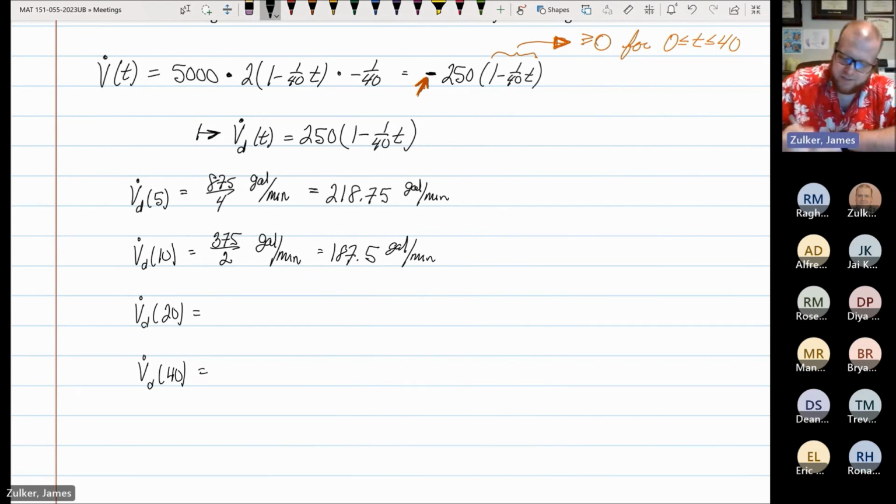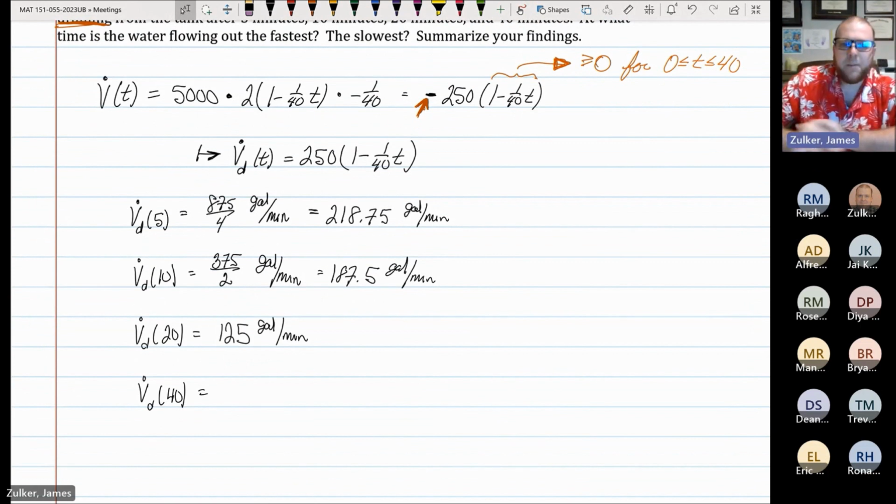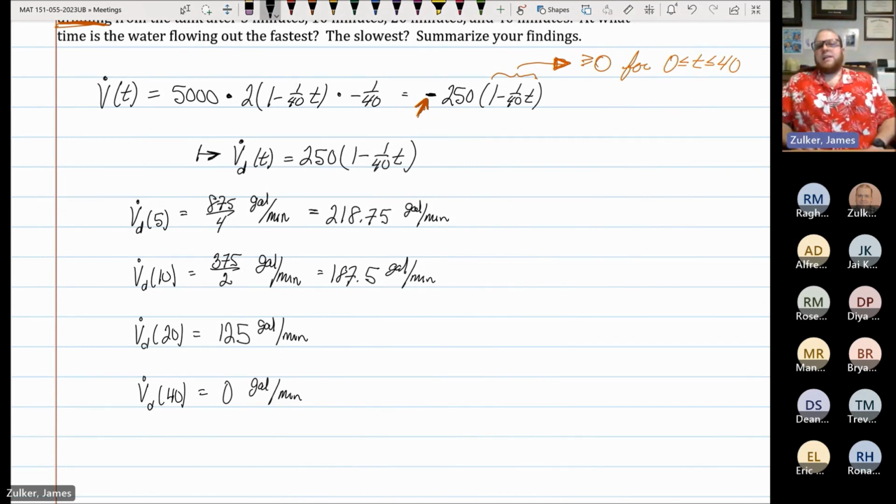After 20 minutes, we're at 125 gallons per minute. And then after 40 minutes, it shouldn't be hard to see that that's going to give you 0 gallons per minute.